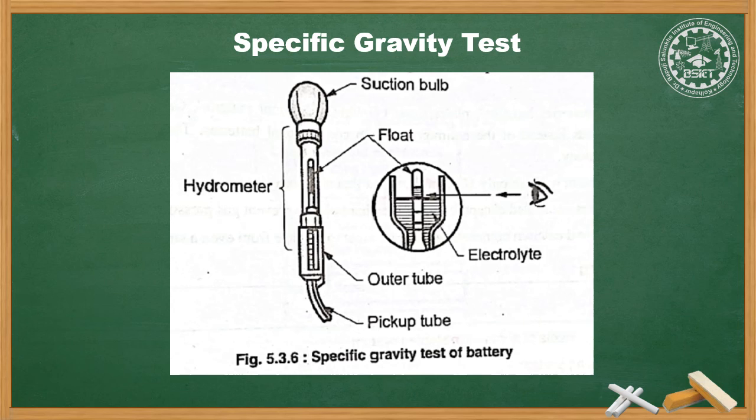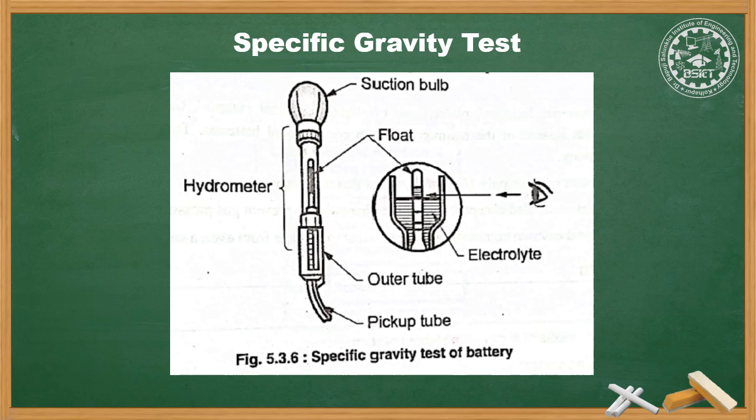It contains a syringe, a barrel-type glass tube, and a rubber bulb at the top with a graduated scale marked on it. The glass tube contains a float and forms a reservoir for the test electrolyte. Squeezing the rubber bulb or suction bulb sucks electrolyte into the reservoir.